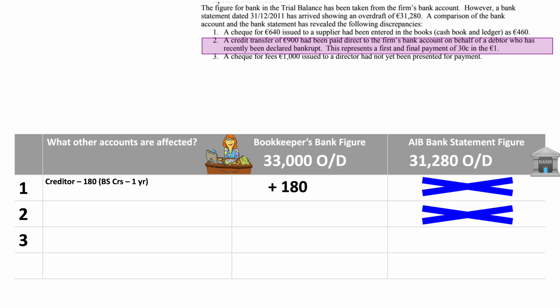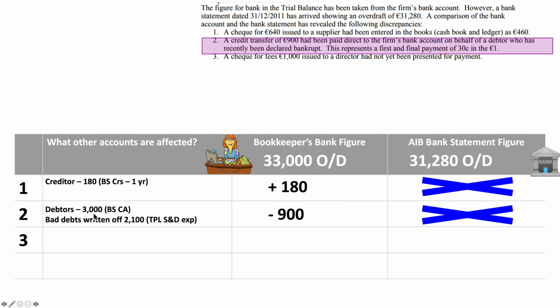So a credit transfer of 900 coming into the bank is going to reduce the bank overdraft. So that's going to minus the bank overdraft there. Now, the debtor is going to reduce by 100 cent in the €1, so by the 900 they've paid, and then the 2,100 that they're never going to pay because they've gone bankrupt.